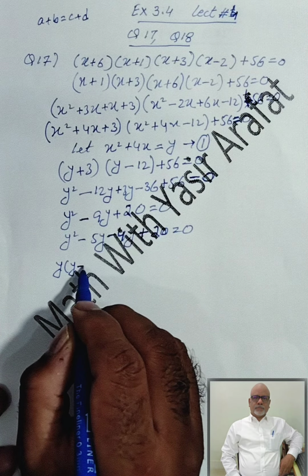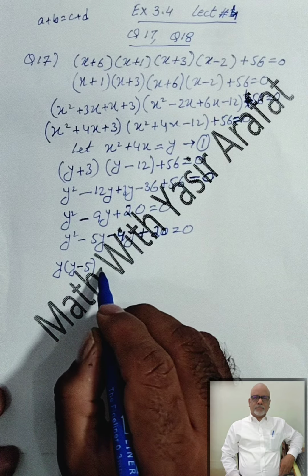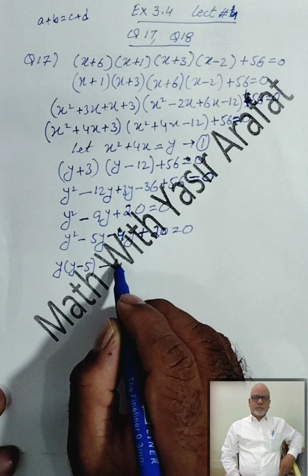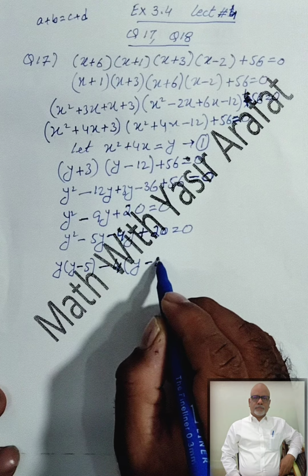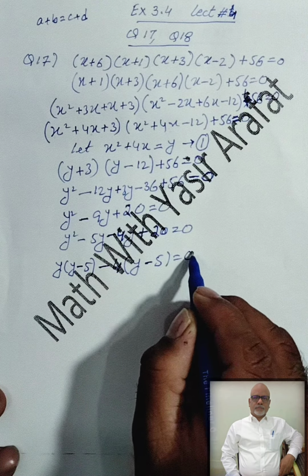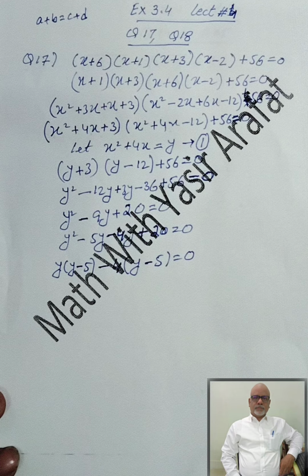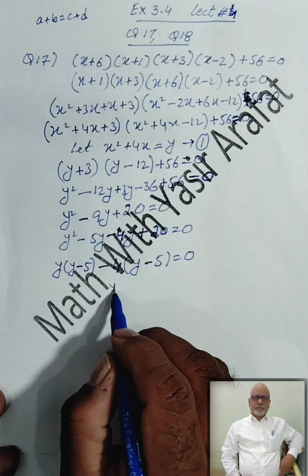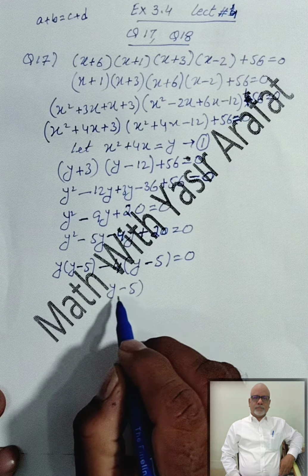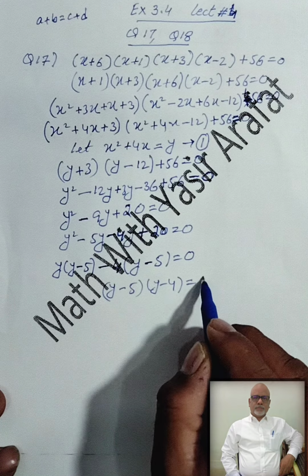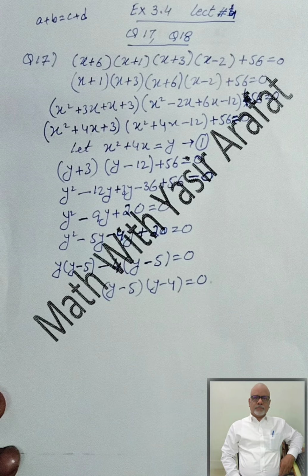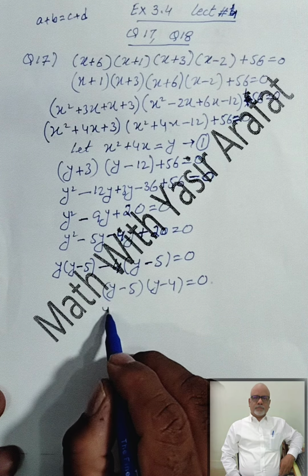Now take out y common here. So this is y(y minus 5) minus 4(y minus 5) equal to 0. So y minus 5 is common. This is (y minus 5)(y minus 4) equal to 0. Both factors are equal to 0.